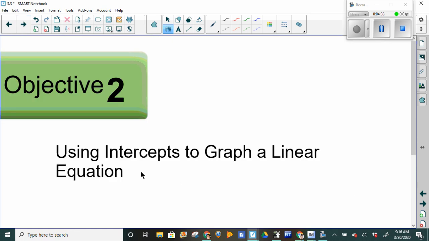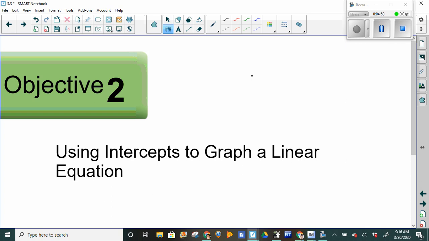So now we're going to use those intercepts to graph a linear equation. When you're working in my math lab and it tells you to graph an equation using the intercepts, they expect your answer to be the intercepts.